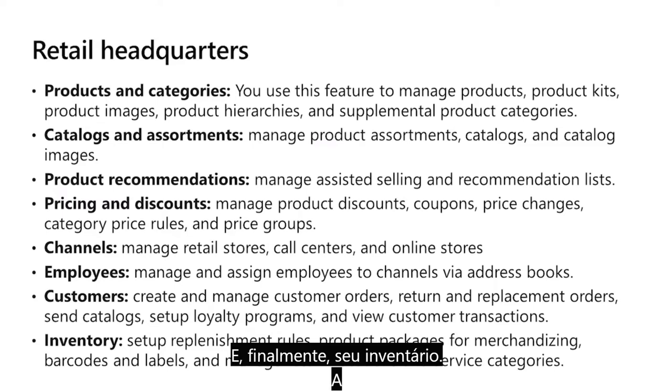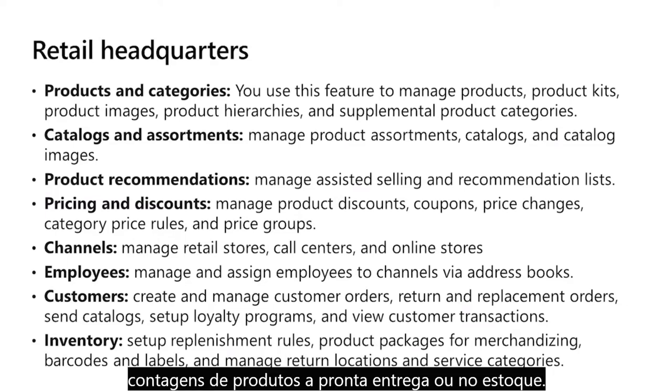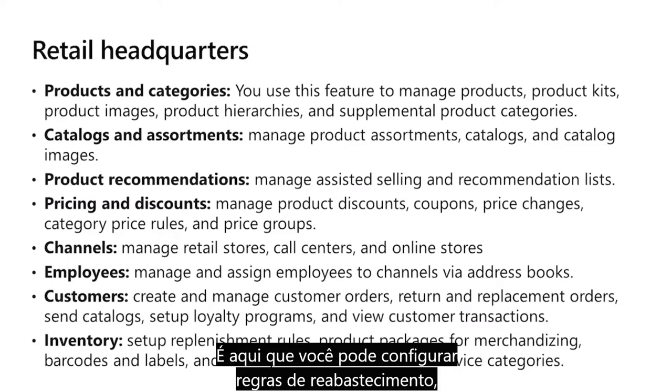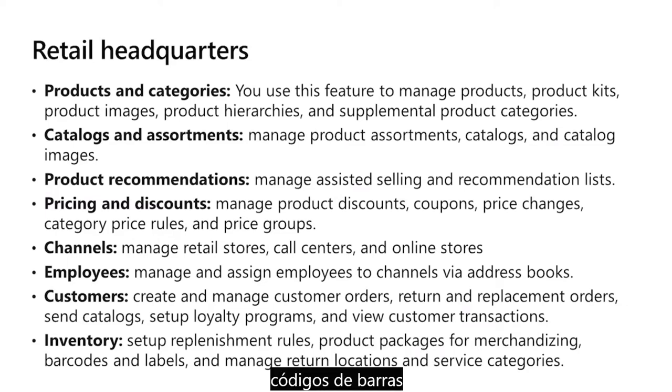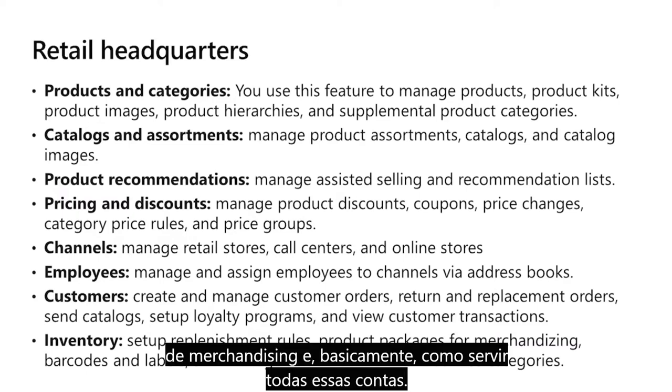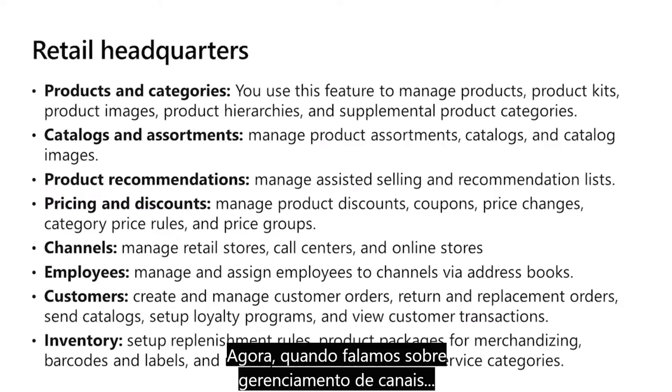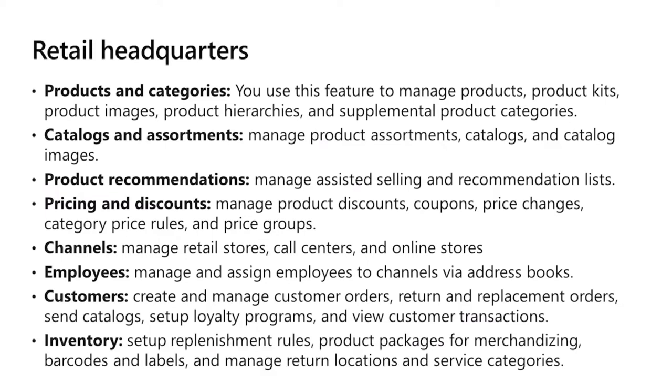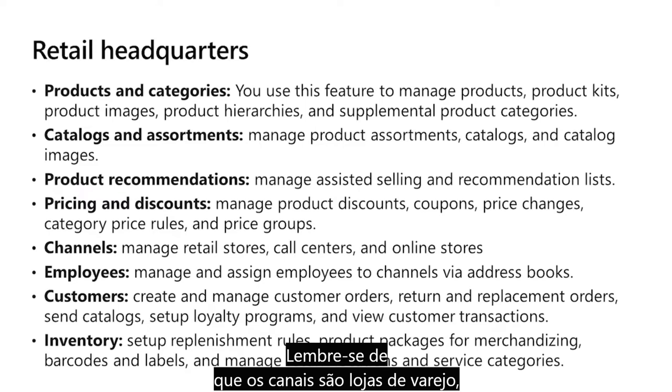And then finally, your inventory, your last keyword that you will need to know. You're using this to manage your on-hands or your stock counts. So this is where you can set up replenishment rules, merchandising barcodes, and essentially how you service all of those accounts. Now, when we talk about channel management, remember, channels are retail stores, call centers, or online stores.